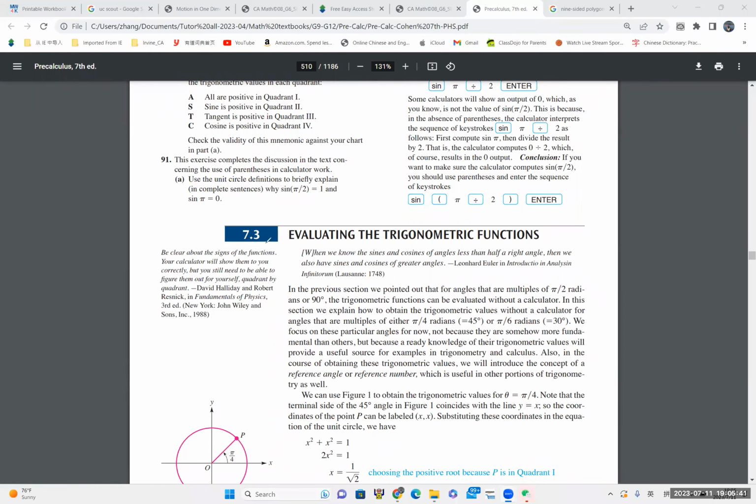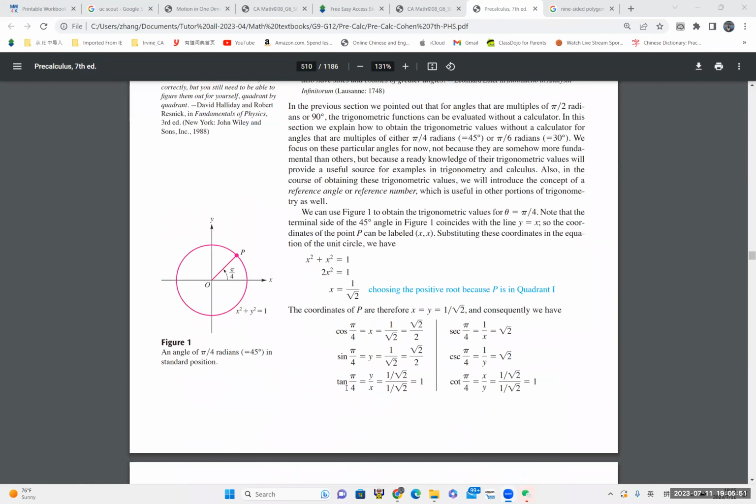Section 7.3. Are you guys ready? Yes. Okay, evaluate the trigonometric function. How to evaluate?